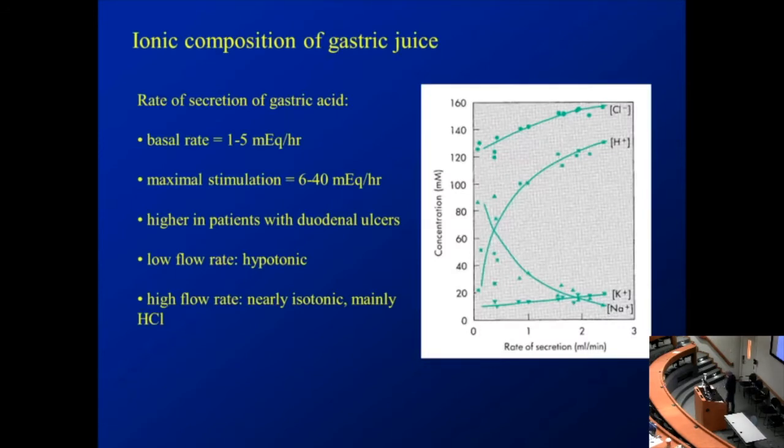The composition of the gastric secretions is dependent on the rate of secretion. If you look at the acid itself, at the basal rate there's a relatively low release of acid, but if you stimulate the glands fully, you get up to 40 milliequivalents of protons per hour under physiological conditions.